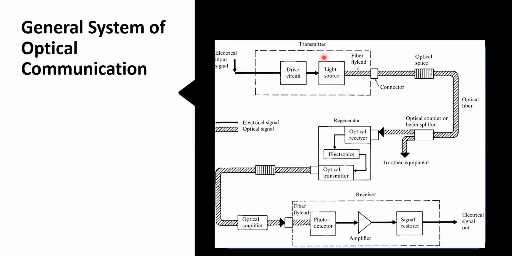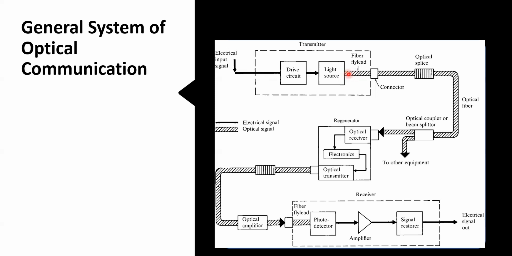The light which comes out of the source should be coupled to the fiber. For that, we use a fiber pigtail. As you see here, if the light is getting out at this end, not all the light gets into the fiber.